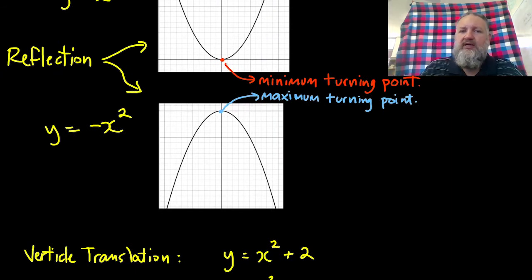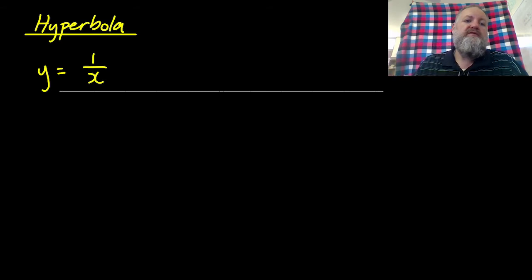That's parabolas. Okay, the next type of non-linear equation we'll talk about are ones called hyperbolas. Now, hyperbolas have the form of y is equal to 1 over x. So let's have a look at what we can make it do in Desmos.